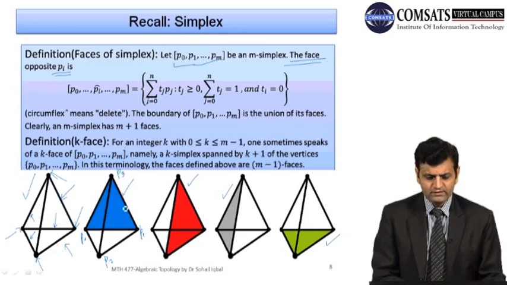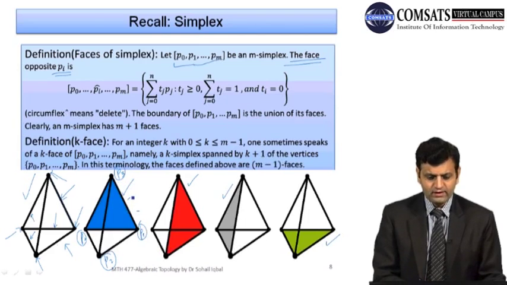Now this blue face is the face opposite to P2. This is the collection of all points where there is no coordinate of P2. In other words, this blue face is the two simplex generated by the points P0, P1 and P3.